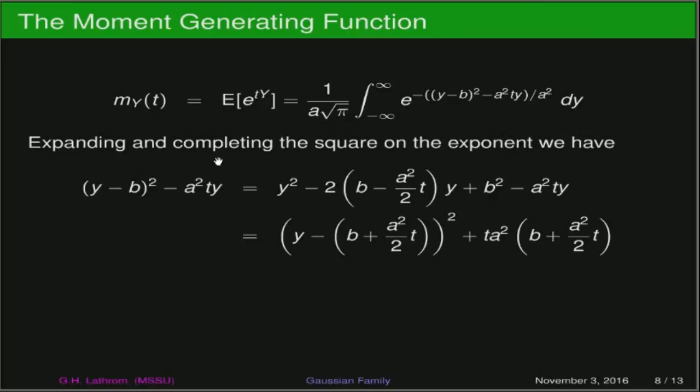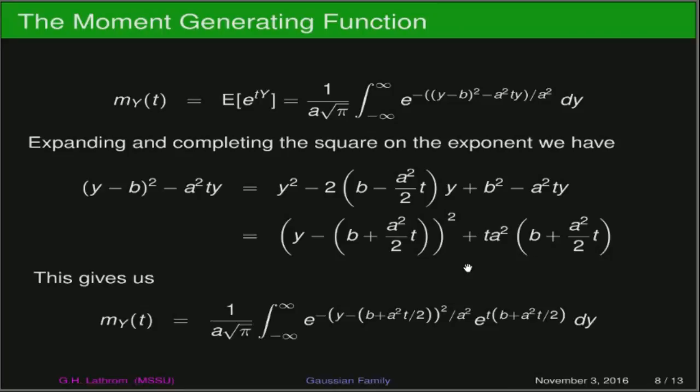So if we look at that exponential, that power, it's really just a quadratic. And so we can complete the square on that thing. And if we do, we see that we have an expression that looks like this: (y minus b plus a squared over 2 times t) quantity squared, and then our new constant becomes ta squared times the quantity b plus a squared over 2t.